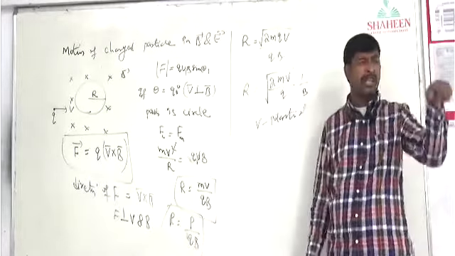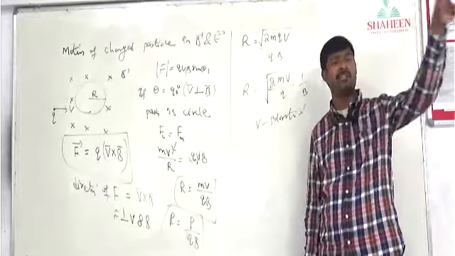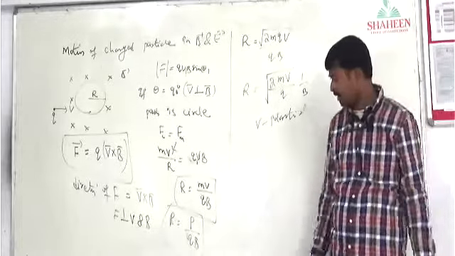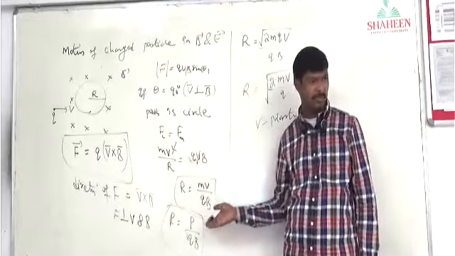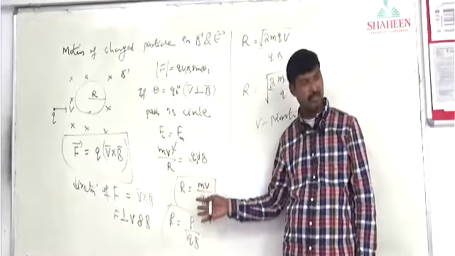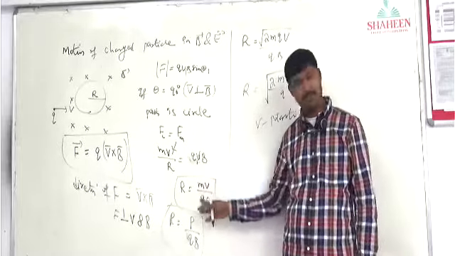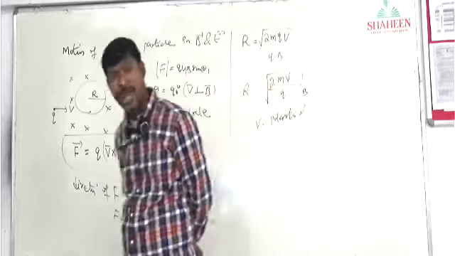More deviation means the radius will be less. Less deviation means the radius will be more. Clear? For electron and proton, the mass is different, and the charge remains the same.